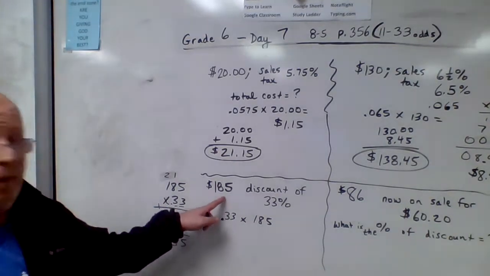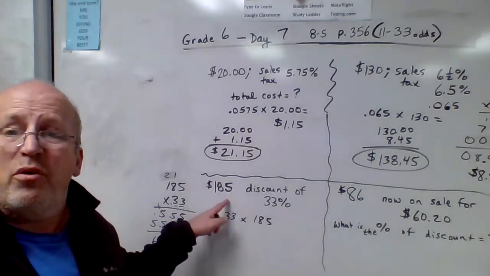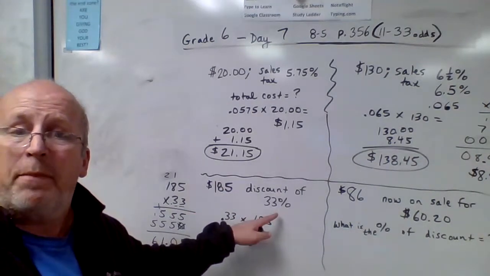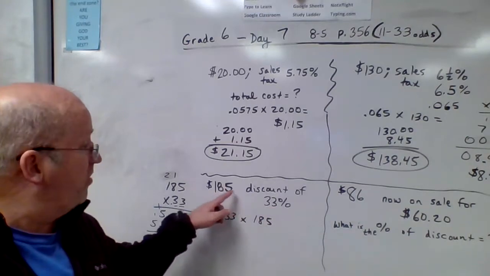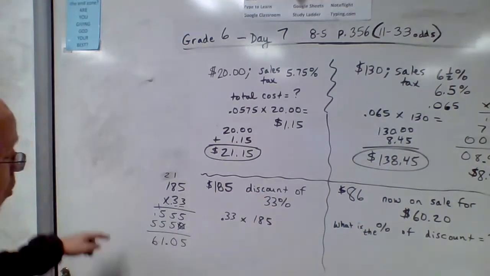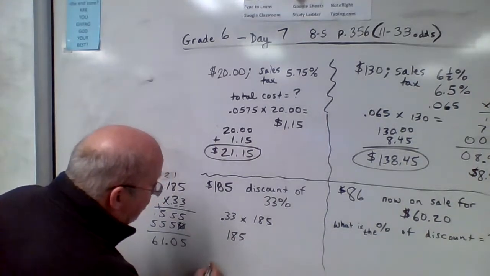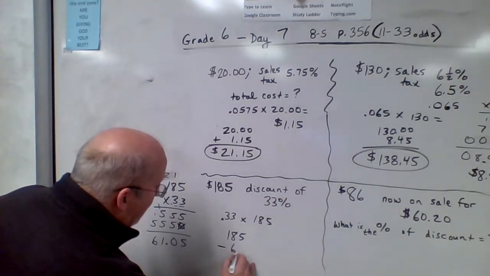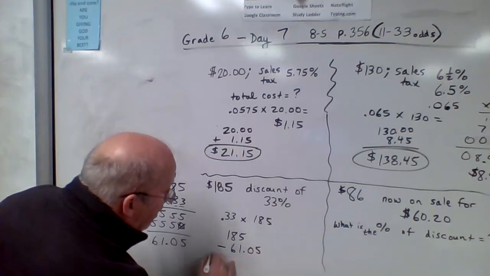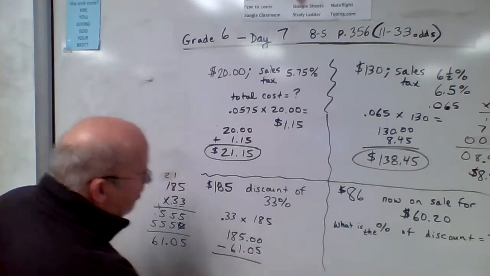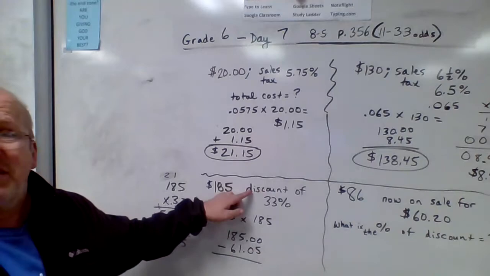$61.05. Now remember, I said we're reducing this by 33%. This is a discount situation. So what we do is we take the $185 and we subtract from it the $61.05, because we're discounting the price.